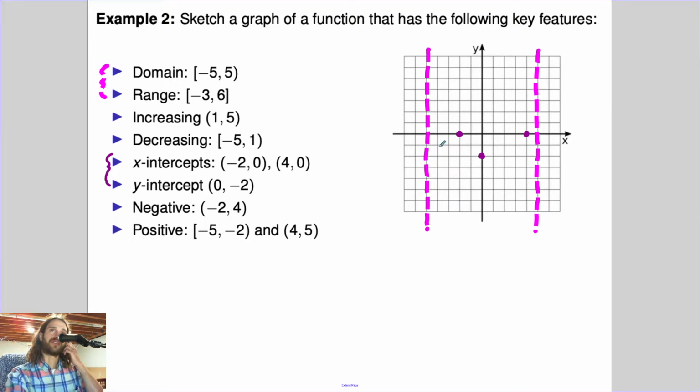It doesn't go past this line or this line. Now, in the y direction, my graph can't go any lower than right here, and it can't go any higher than up here.